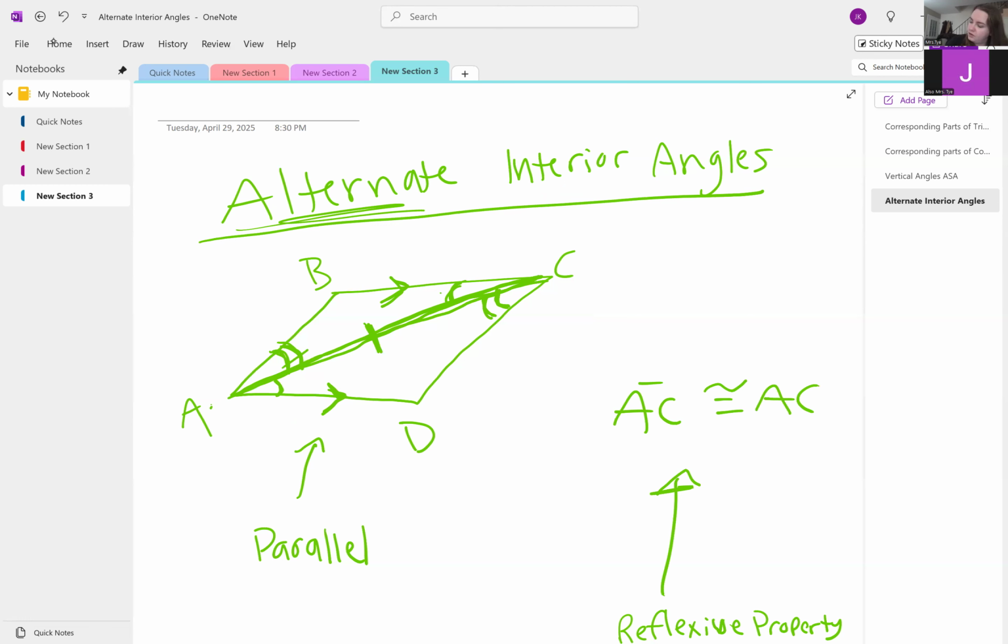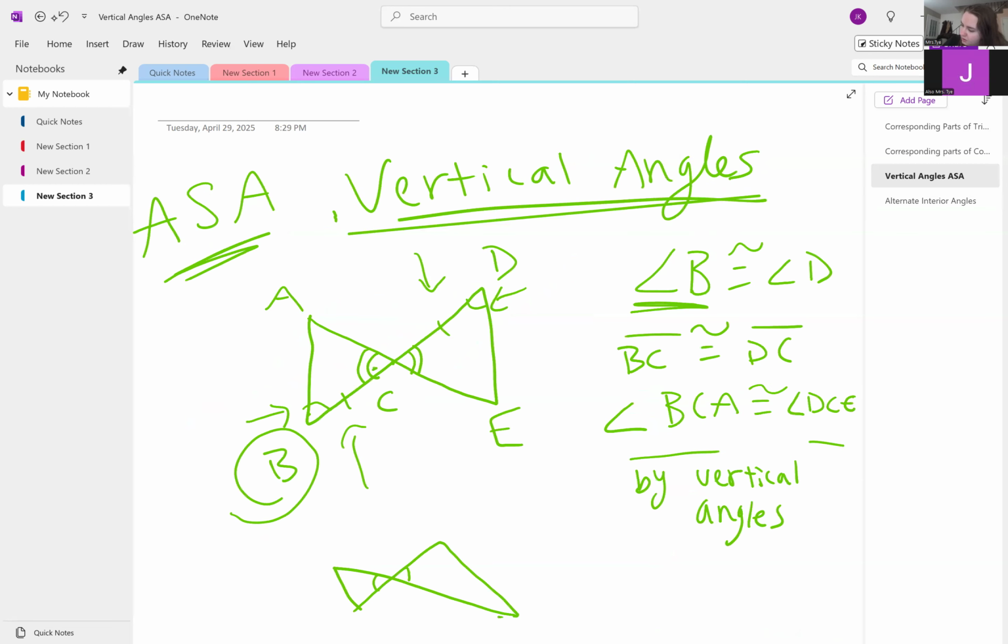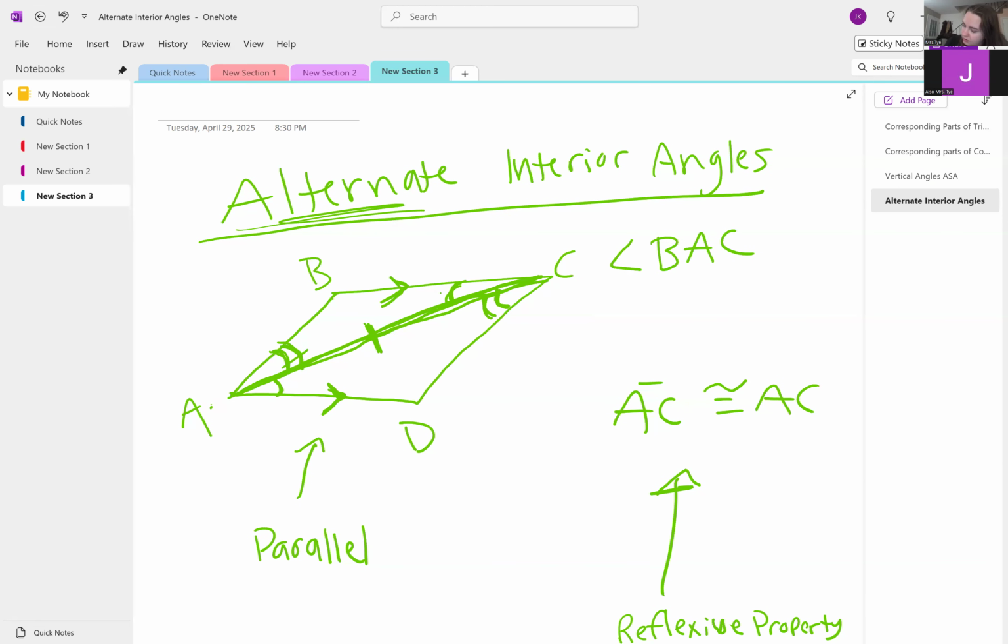If we're going to write out the other congruency statements, angle BAC, so I went with the one that has the two lines. So remember BAC. Oh gosh. Undo. Not that. Undo. Okay. BAC is going to be the same as DCA. Remember that angle that you're talking about?